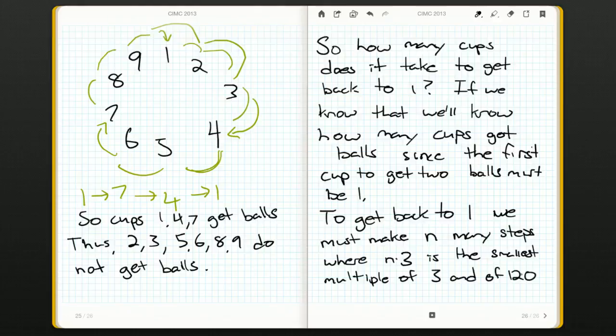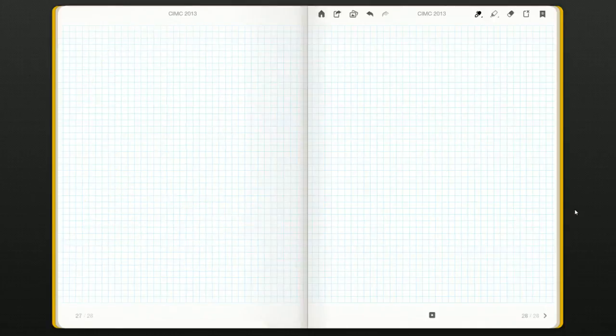You can generalize this into a general theory. So if you are skipping every k many cups, and you have m many cups in total, then n is the number of steps, where n times k is the smallest multiple of both k and m. It's a general theory we can make. So why don't we actually write that?